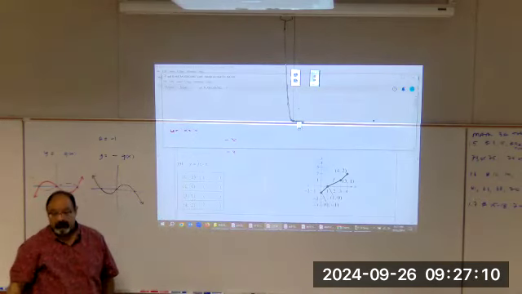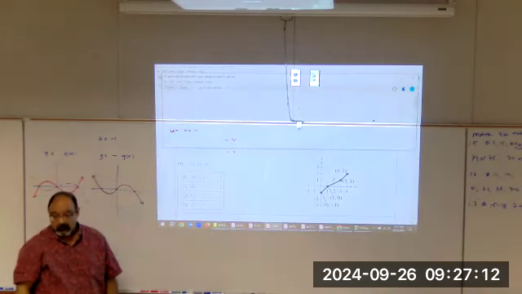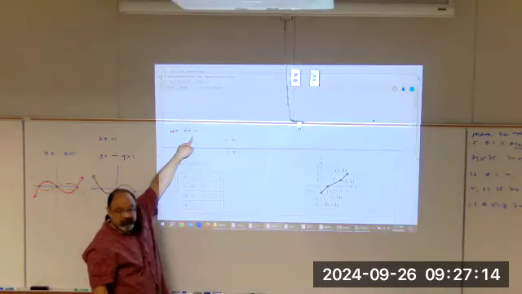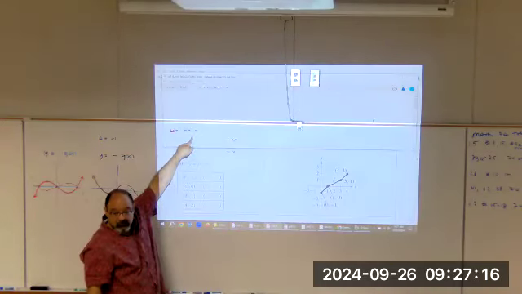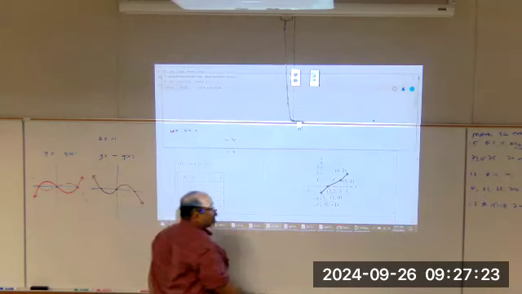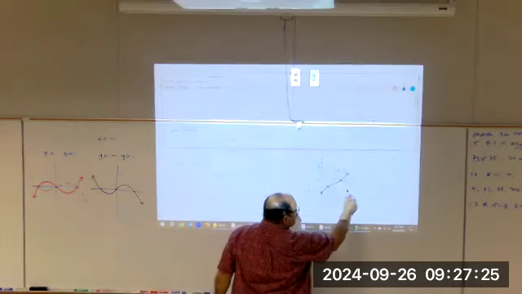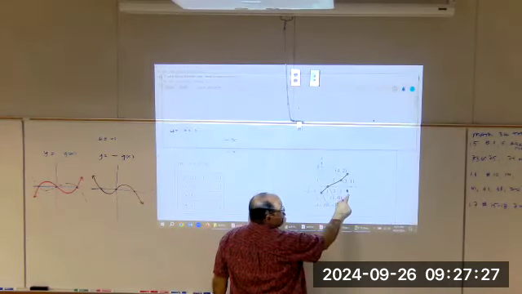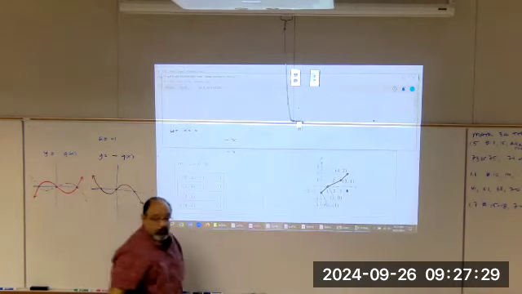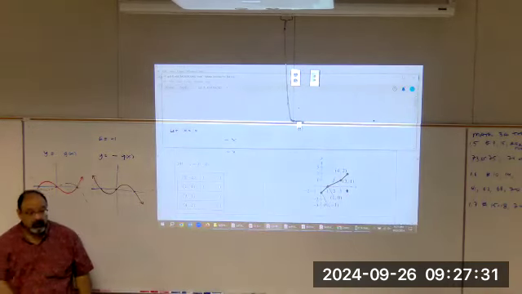But when I plug it in, it becomes negative 4. So what does that do to my original x? It changes its sign. And if it was positive 4 over here, and I try to plug it in, where's it going to go? Over to the other side. It's going to flip it across the y-axis.